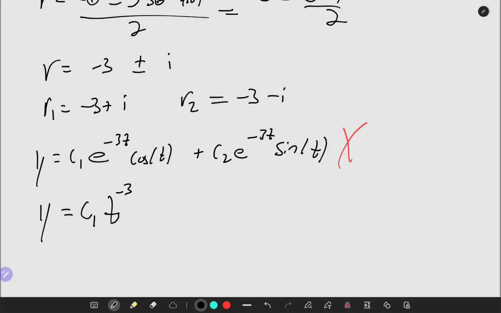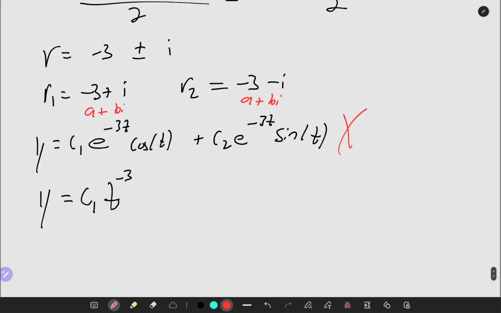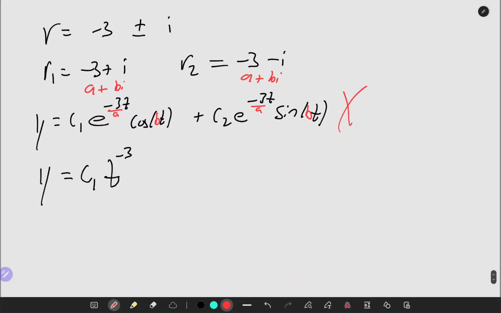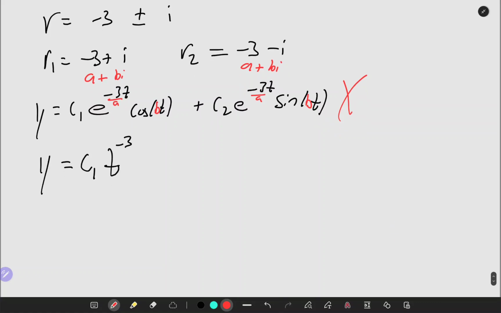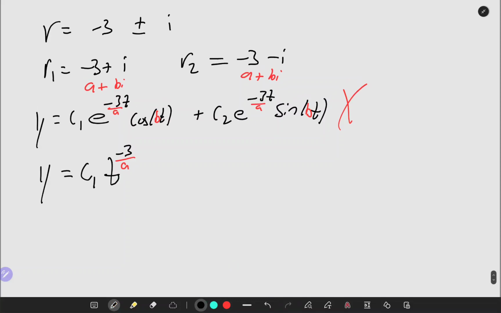I said this was a plus bi. So remember in the last video, this was our b and this is our a, right? So in this case, this is our a, and our b, now we're going to write cosine, but it's not going to be a normal cosine.